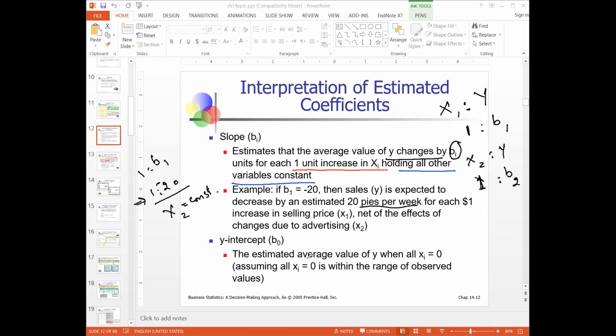Similarly, what is B0? It is the average value of Y when all independent variables are 0. So we can call it the stable value of Y when independent variables, IVs, are 0. When you are not forcing any change in the model, meaning your independent variables are 0, then what will happen to Y?